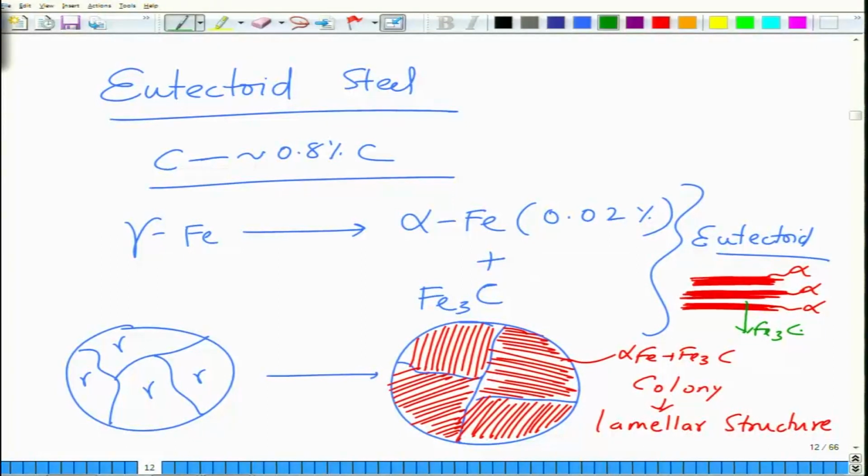Again just like eutectic, you are going to have partitioning of solute. So, alpha will release carbon, which will get into Fe3C, and iron will move from the other side to make alpha Fe. So, this is Fe rich and this is carbon rich. That is why they form a parallel lamellar structure, and what you see in the micrograph is something like this.